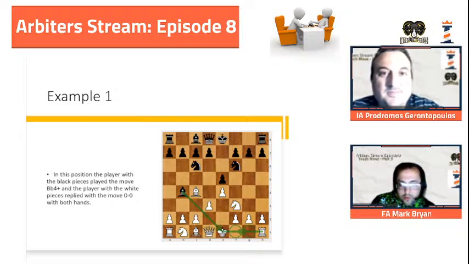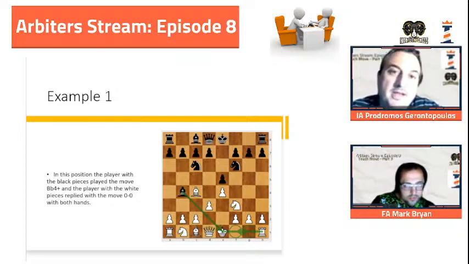But as well as castling kingside, while doing so, they did play with both hands. So here we see two violations on the same move. This is a very common question for many chess players and many arbiters.